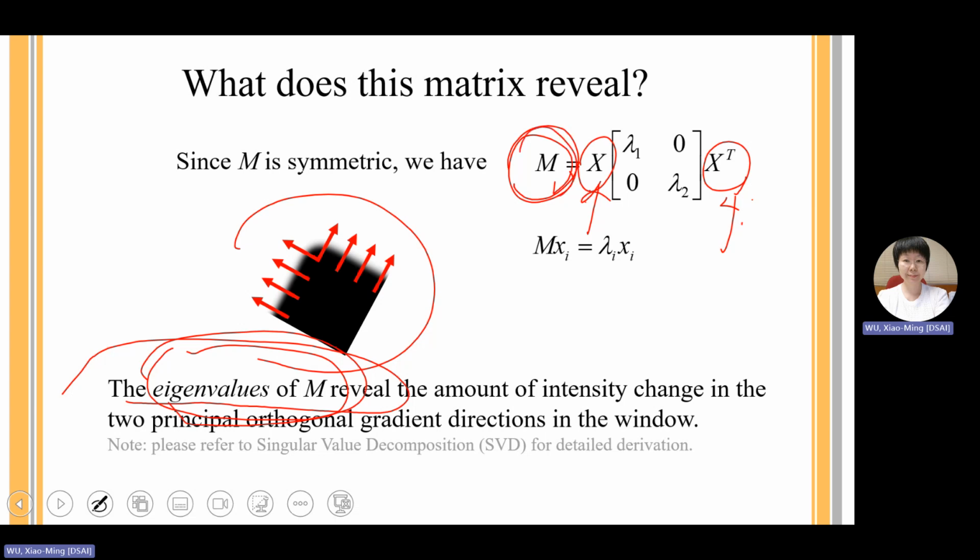Rather, we should decompose M into its eigenvalue representation and look at its eigenvalues. The eigenvalues lambda 1, lambda 2 will give information about the cornerness, the corner information of this point.